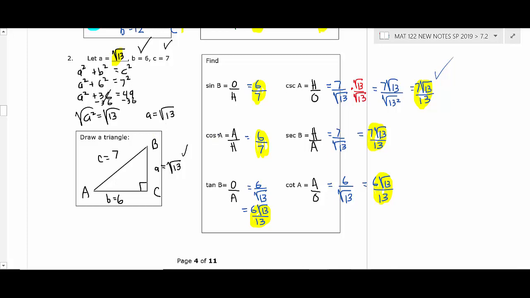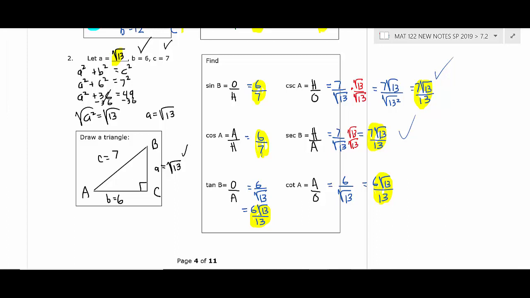Cosine of A, focus on angle A. Adjacent is 6, hypotenuse is 7, so that's 6 over 7. Secant of B, look at angle B. The secant is hypotenuse over adjacent, 7 over root 13, just like the problem above. Rationalize the denominator and you get the same thing, multiplying by root 13 over 13 to get that answer.